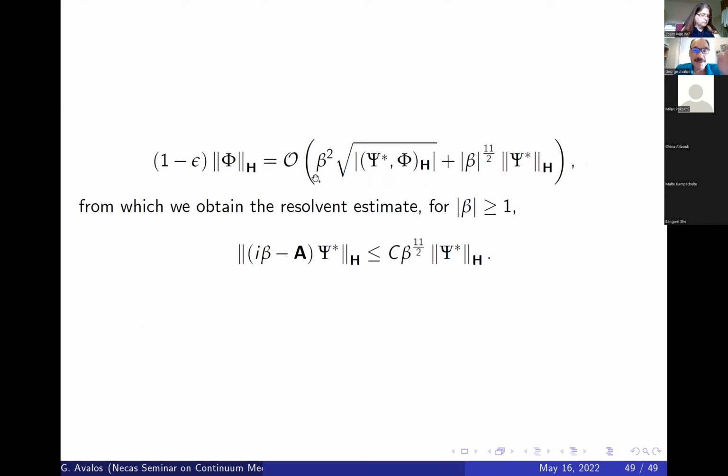But to finish the business, we obtain the control of the resolvent variable with right-hand side with beta running, with this parameter being 11/2, which gives the decay 1/t to the 2/11.